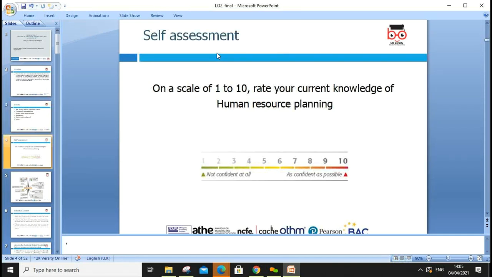Okay, for today's lesson, you can rate yourself 1 to 10 on how much you know about business planning or human resource planning. Have you been involved in a business human resource plan? Have you ever prepared a human resource plan? 1 to 10, please. What do we know about what elements can be in human resource planning, what we need to consider? What do you think? How much do we know?